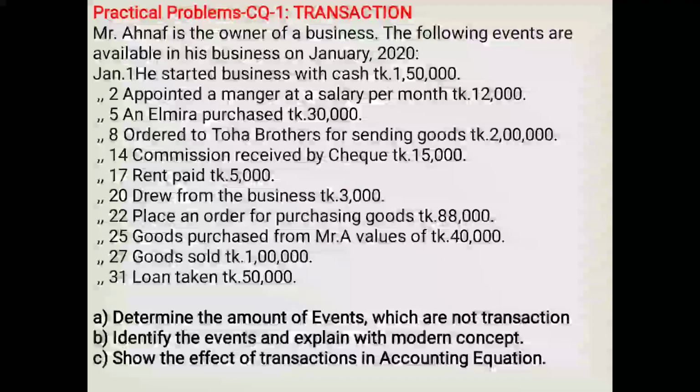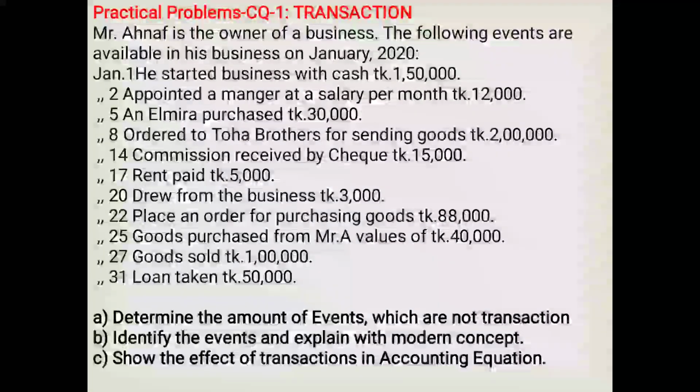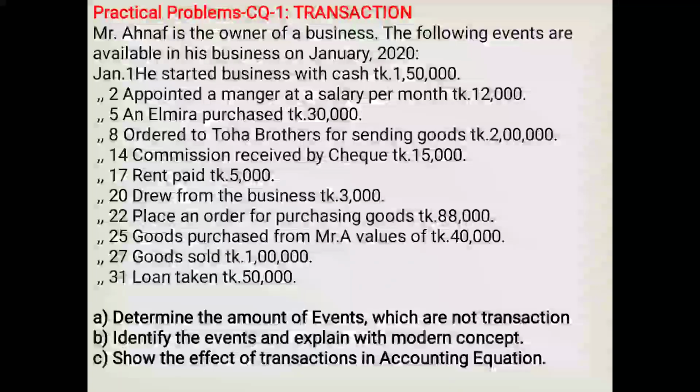Requirement A: determine the amount of events which are not transactions. The easiest question for this chapter, that is, determine the non-economic events, the non-monetary events. Requirement B: identify the events and explain with modern concept. Requirement C: show the effect of transactions in the accounting equation.